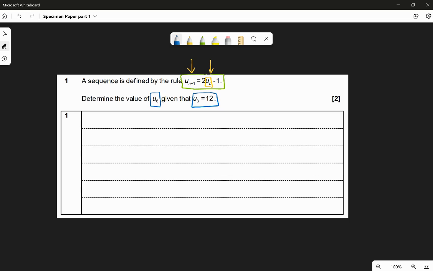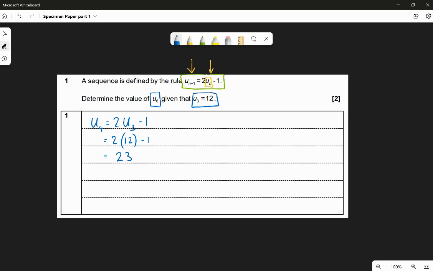To get the 4th term, we double the 3rd term and then take away 1. So double 12 is 24, take away 1 is 23.